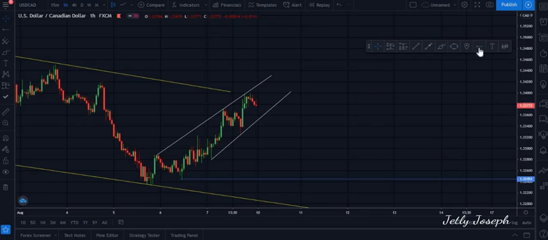Another scenario, what could happen is the price could form a double top before the drop.